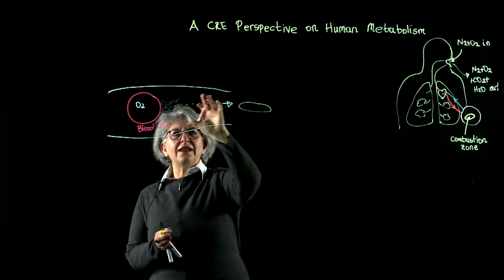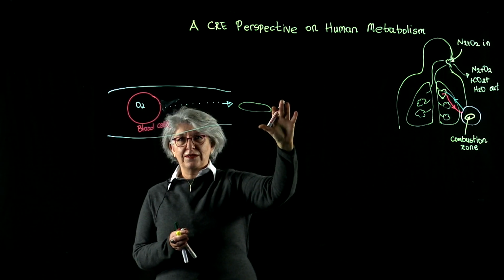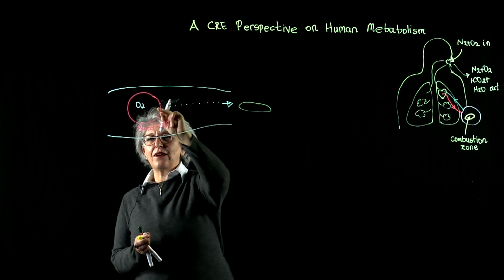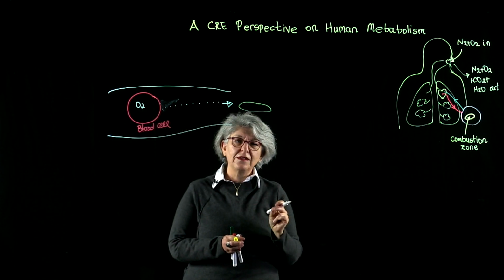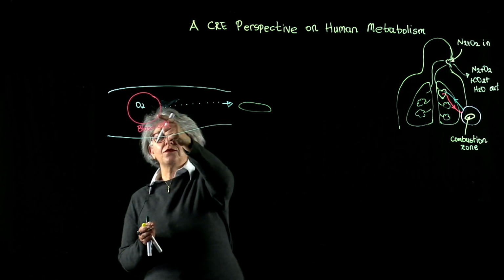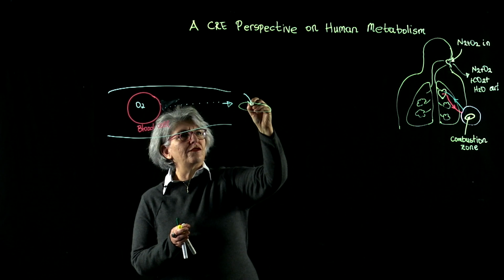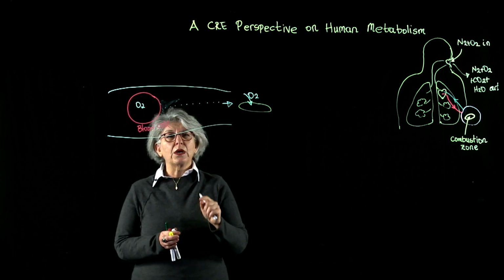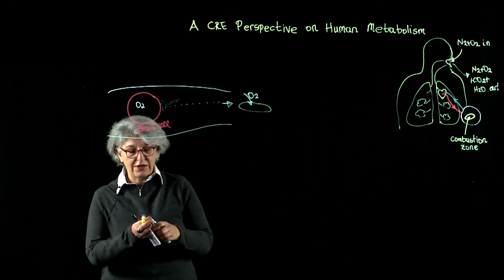Now, when the blood cell approaches the site that is going to have a deficiency in oxygen and a demand for oxygen, the chemical potential difference is going to transfer oxygen from this blood cell to where it is needed. So our oxygen is in our combustion chamber, the mitochondria.